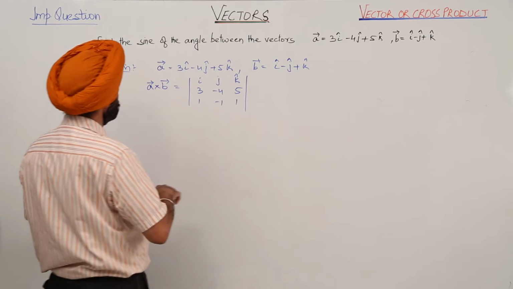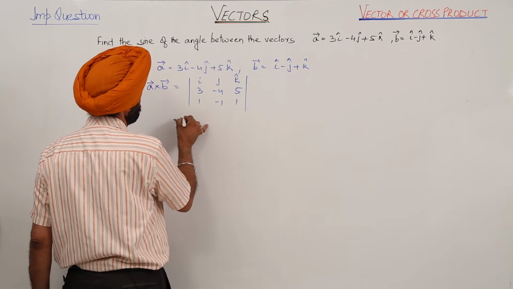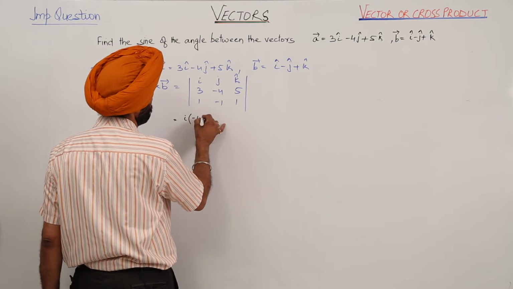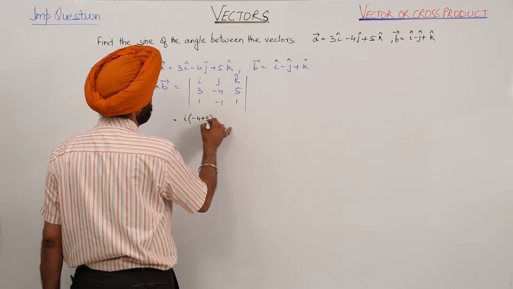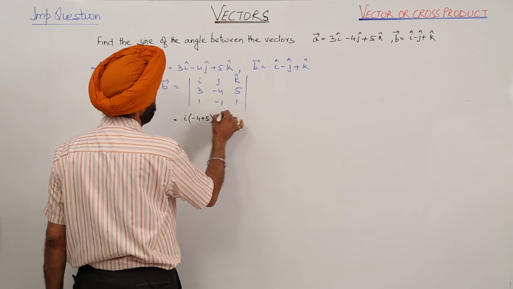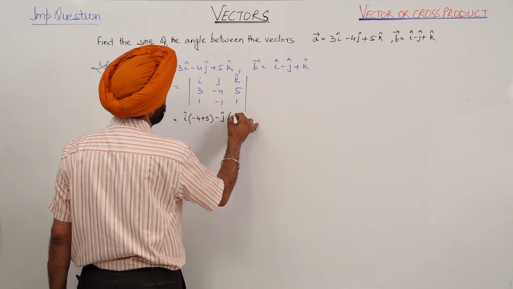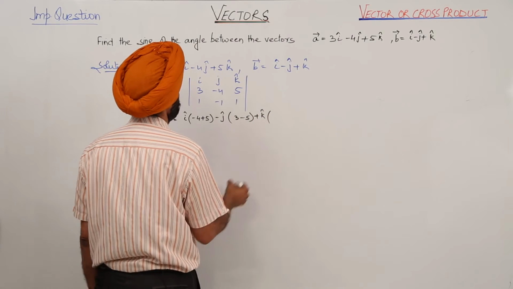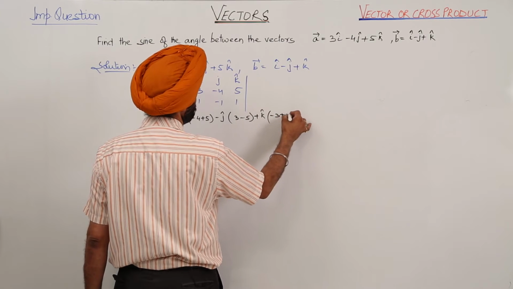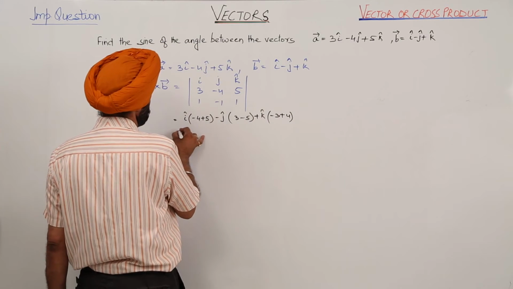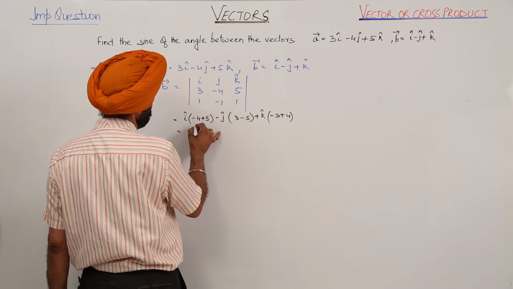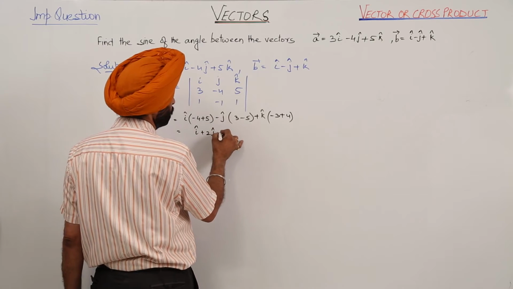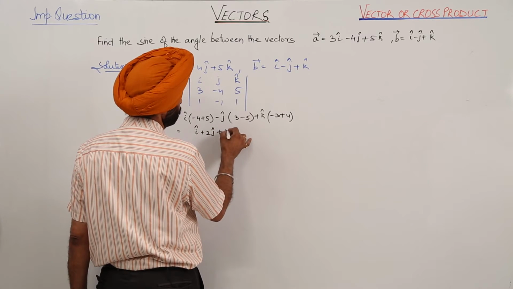Now, solving this one: i cap with, negative of j cap, plus k cap. This gives i cap minus 2j, sorry, positive of 2j cap plus k cap.